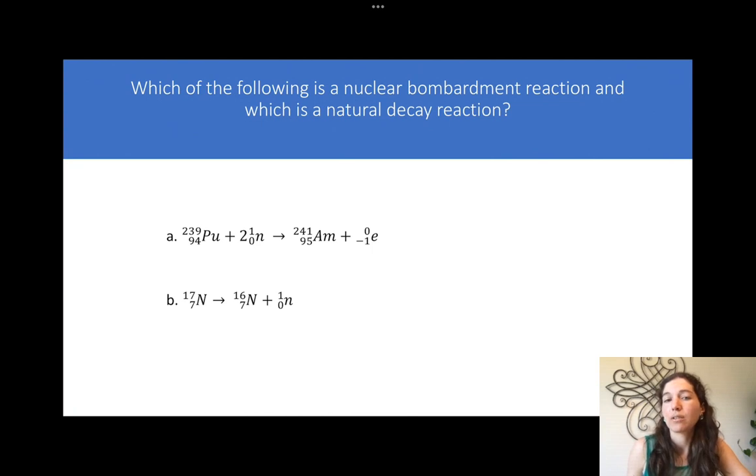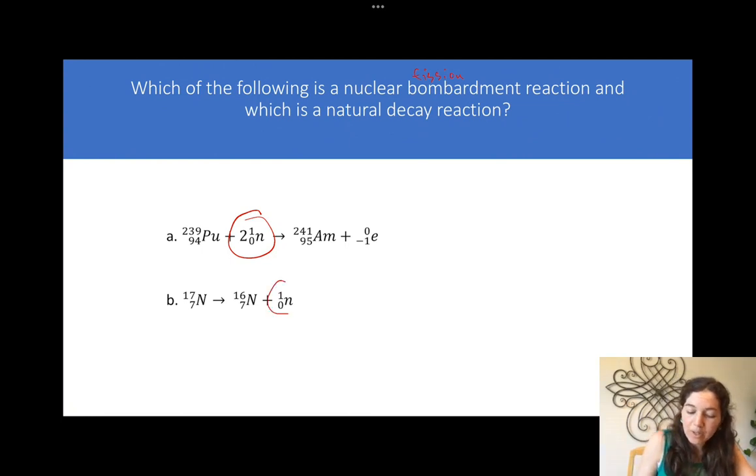Okay, so using what I just said and the knowledge that you've learned, which of these reactions is a nuclear bombardment reaction, i.e. a nuclear fission reaction, and which one is a natural nuclear decay reaction? So the way that you know this is by looking at where the neutrons are going in and coming out. For this one here, we have neutrons coming in, so that means this is an initiation process.